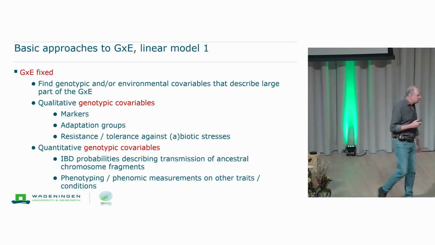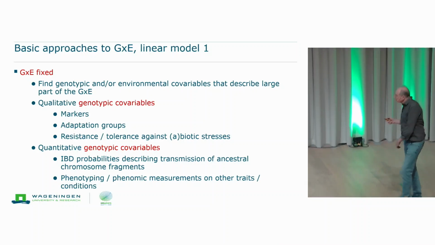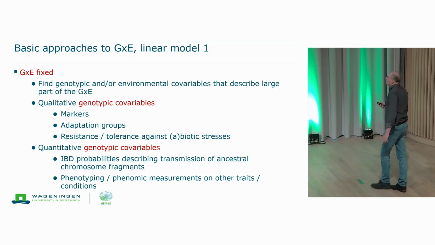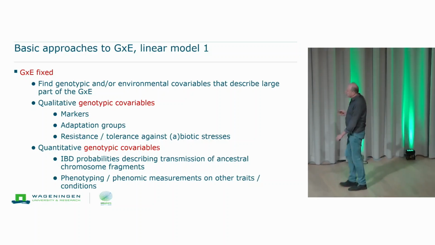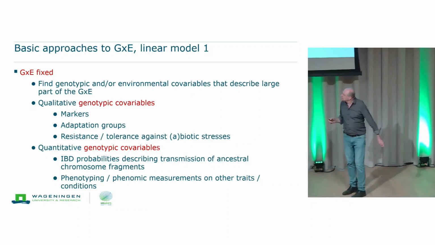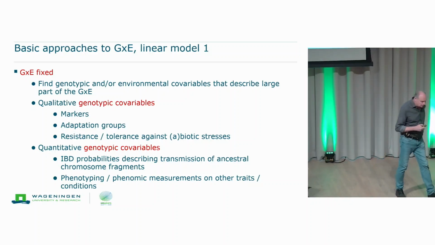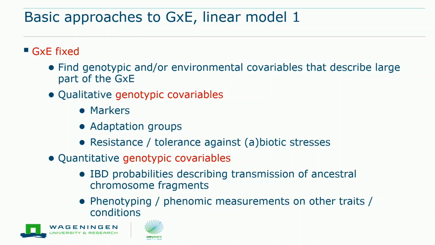So the most simple way of doing something about the problem, especially in this simple 2-way analysis of variance model, is to find descriptors on the genotypes and the environments that help you to simplify this G by E term. For the genotypes, that is equivalent to finding markers, IBD probabilities, trying to group the genotypes in groups that make sense, for example adaptation groups, or grouping them in terms of resistance or tolerance versus certain dominant stresses.